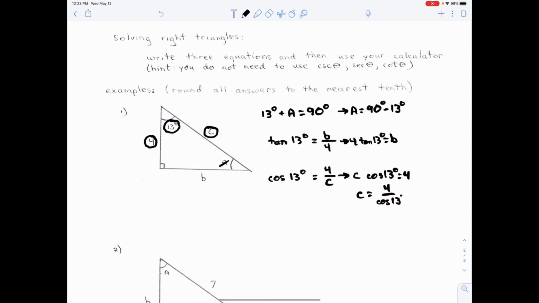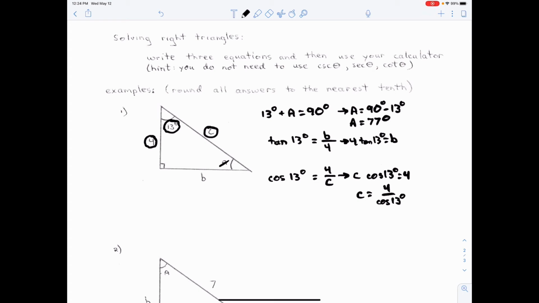And now you just plug all that in your calculator. So we have 90 minus 13, obviously you don't need to do in your calculator. That's just going to be 77 degrees. Okay.